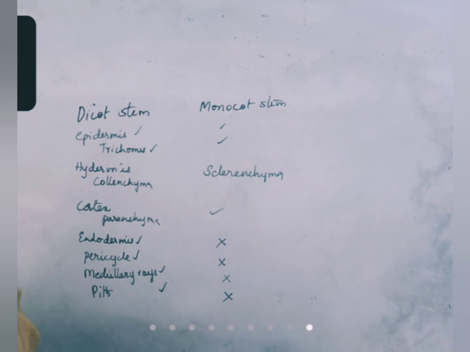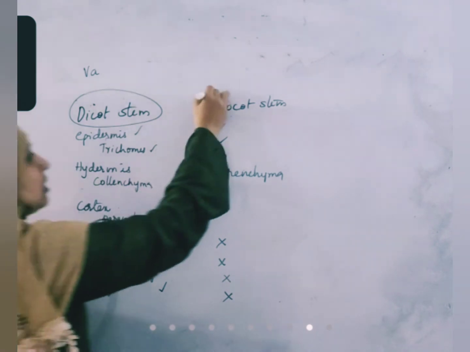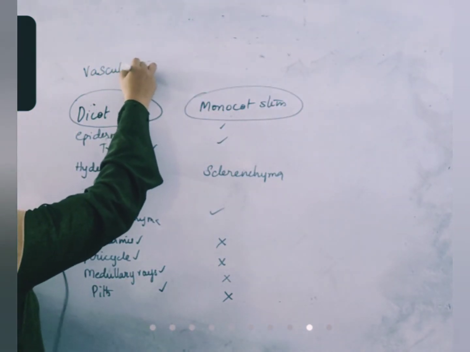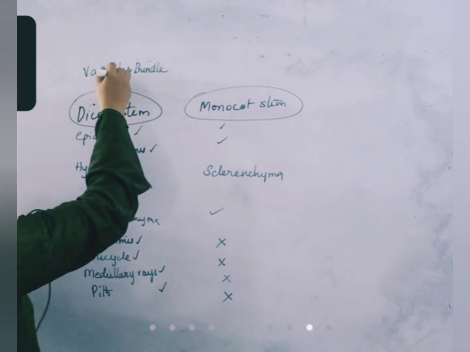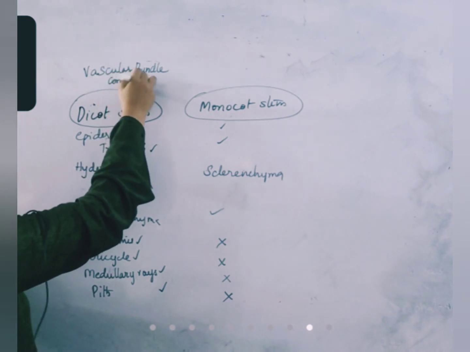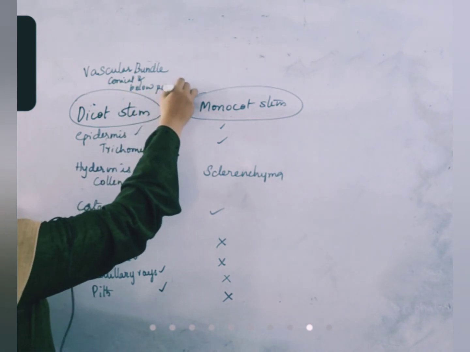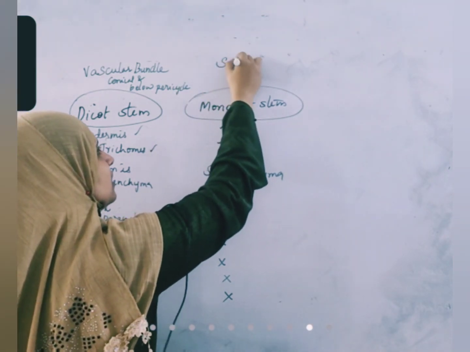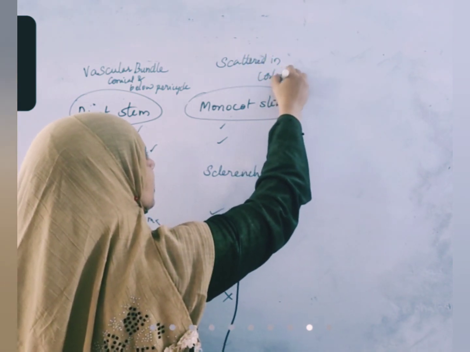What about vascular bundle? This is dicot stem. This is monocot stem. Vascular bundle is present, but it is arranged in a ring below pericycle. But in case of monocot, vascular bundle is scattered in cortex.